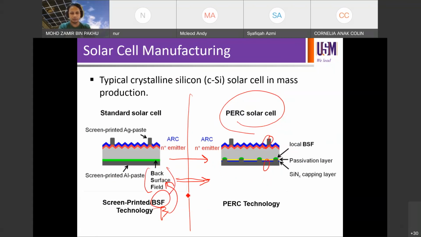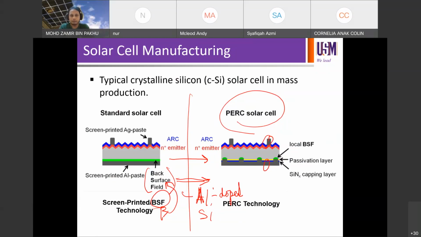BSF here simply means Al-doped silicon, where you deposit a very thin layer of aluminum, and then put the wafers into a furnace at high temperature, where the silicon and aluminum will form an alloy. The alloy is called back surface field, and its role is to minimize rear surface recombination.